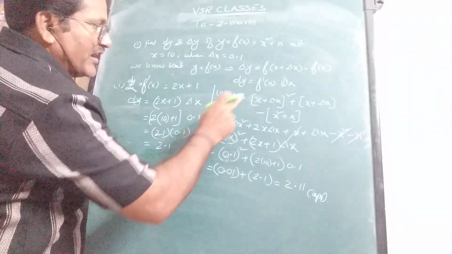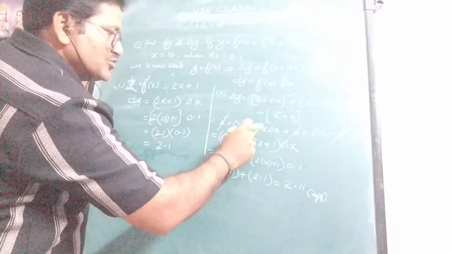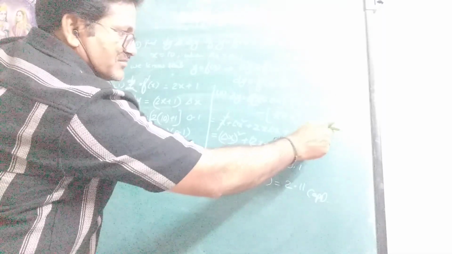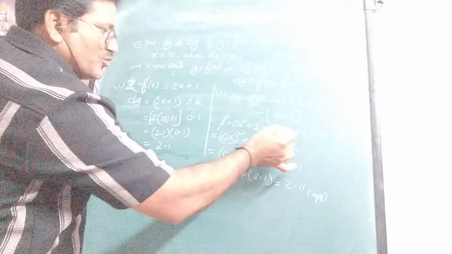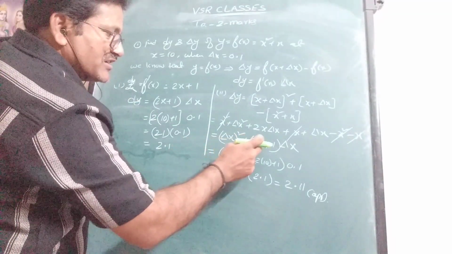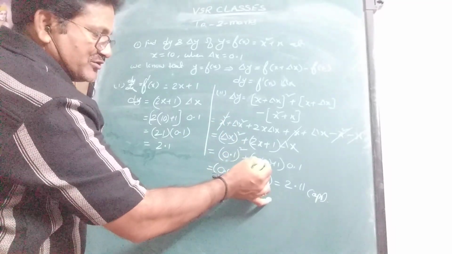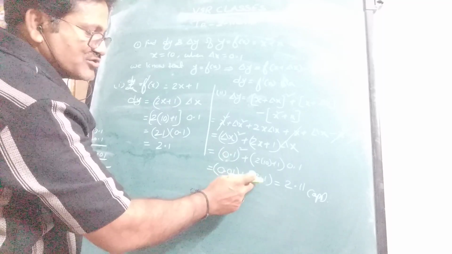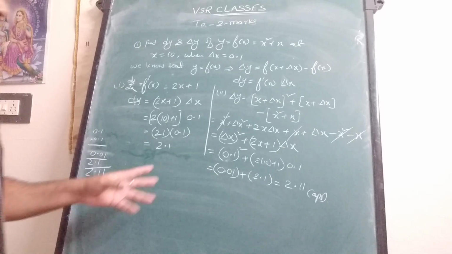Expand a plus b whole square: x square plus delta x whole square plus 2x delta x plus x plus delta x minus x square minus x. x square minus x square and x minus x will be cancelled, leaving delta x whole square plus 2x plus 1 into delta x. 0.1 whole square is 0.01, plus 2 into 10 plus 1 is 21 into 0.1, which is 2.1. So your approximate value is 2.11 for this.